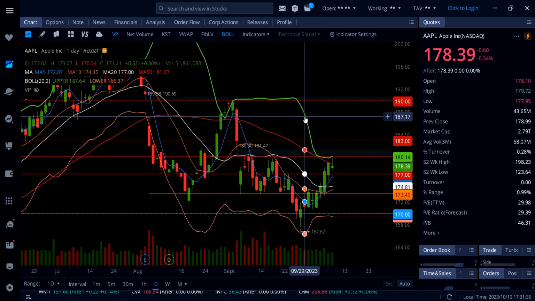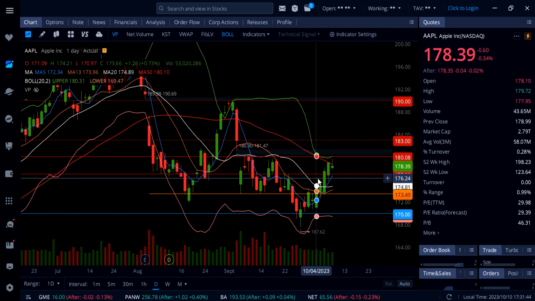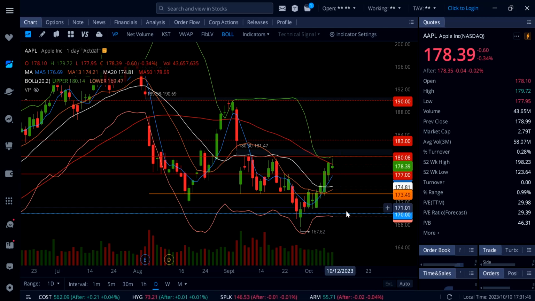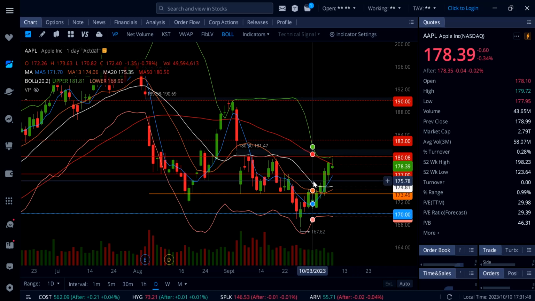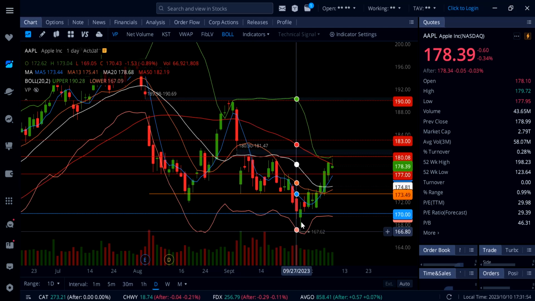Now the Bollinger Band on top is also expanding, so I think maybe we could see some consolidation on Apple. And this is going to be a dip buy in the short term if you're day trading Apple. And also, guys, this could turn into an inverse head and shoulders. We got this left shoulder right here. This is the head.